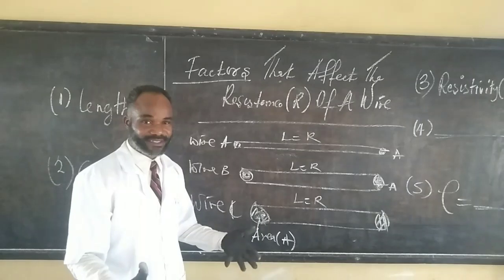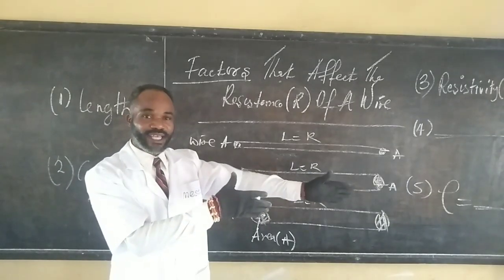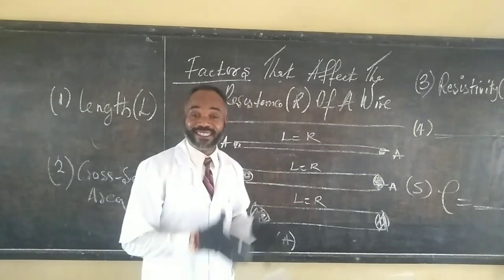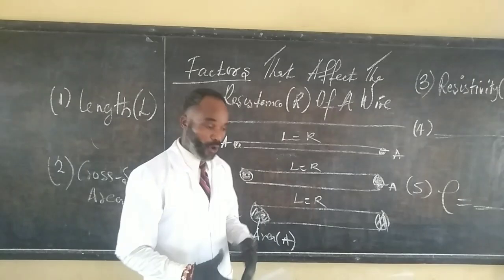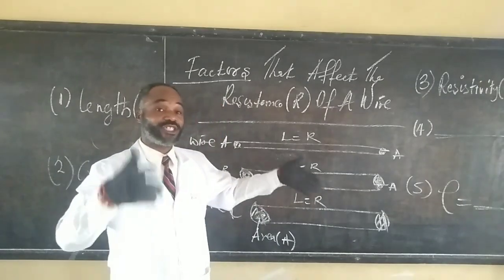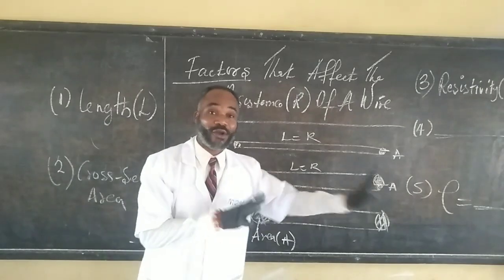Ohm's law states that the current flowing in a metallic conductor is directly proportional to the applied voltage or the potential difference across the two ends, provided other physical factors remain constant.